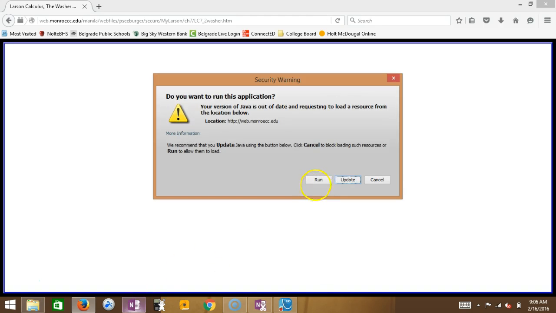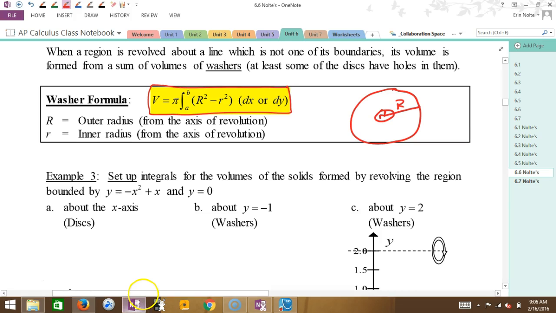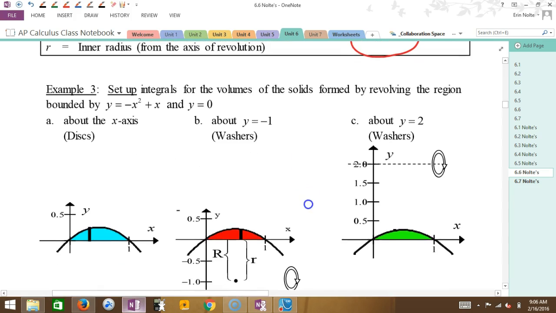Okay, I'll come back to it. It's a little bit slow.